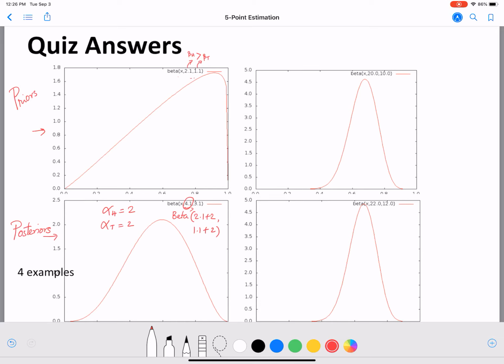So that's why we have the curve shifted towards 0.5 and the peak occurring a little after 0.5.